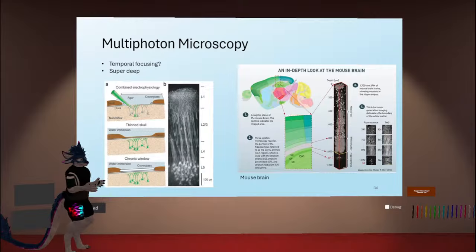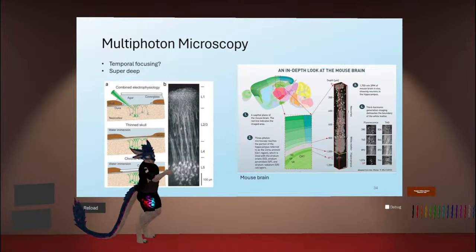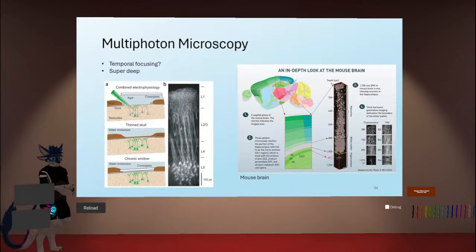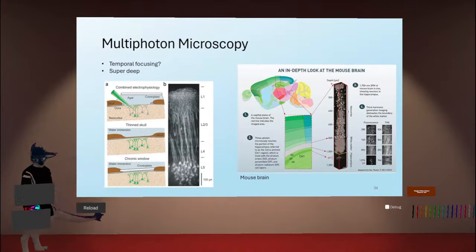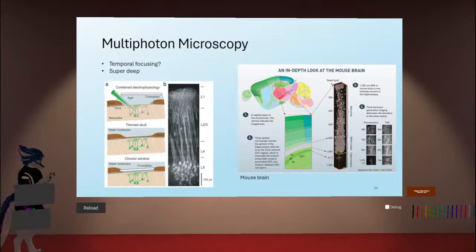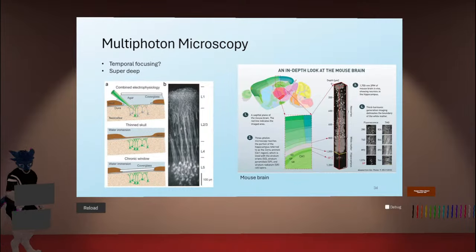But because you're also imposing this extremely specific temporal overlap, and you're still concentrating your photons, you can create situations where you still get focusing down there, even though this is well past the point where you'd be able to maintain a completely, what's the term I'm looking for? Coherent. There you go. A completely coherent focus. So super, super, super cool.